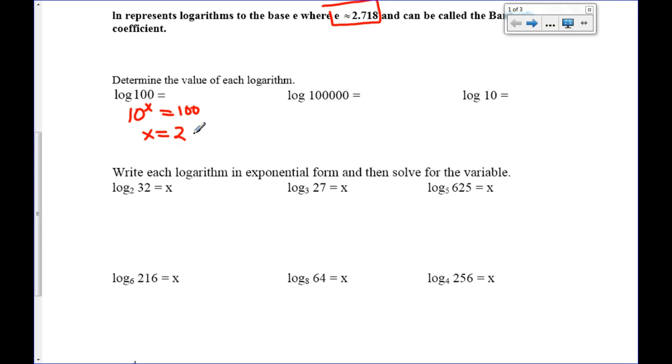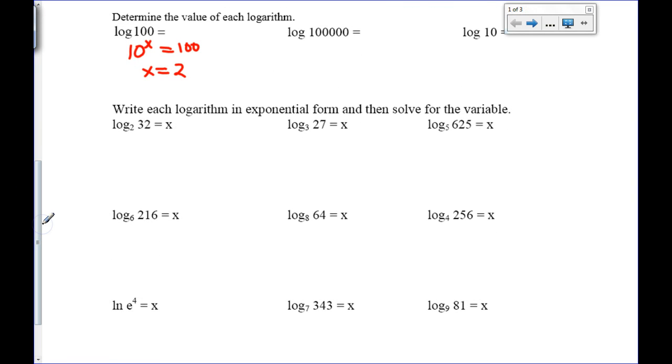I want you to take a few minutes to finish this page, and then we'll come back and check it together. Now this one, before I let you do that, is a challenge question. I want to see if any of you guys can come up with the answer to that. But the rest of it, if you convert it first to exponential form, you should be able to solve these.